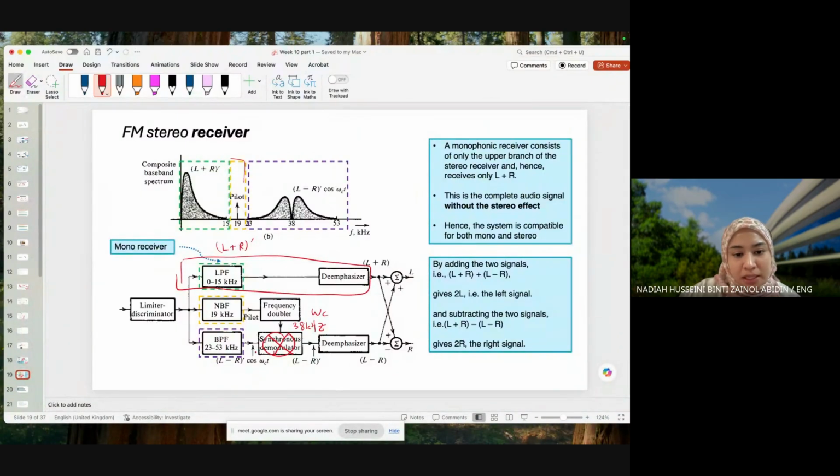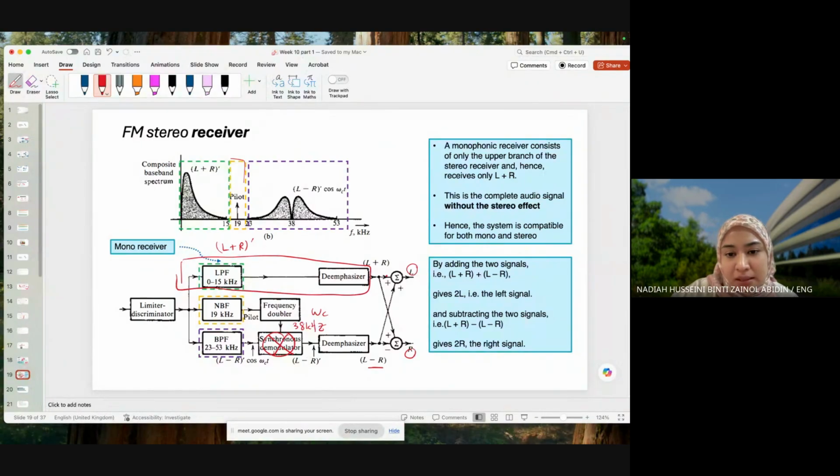And then these two are mixed together. What is left is going to be L minus R apostrophe de-emphasized. We are removing the apostrophe and we are left with L minus R. And then the L minus R is added to L plus R, and a bunch of calculations happen and you will get L and R separately.